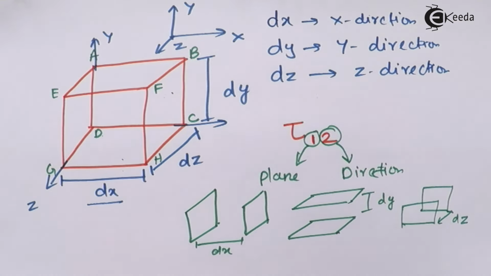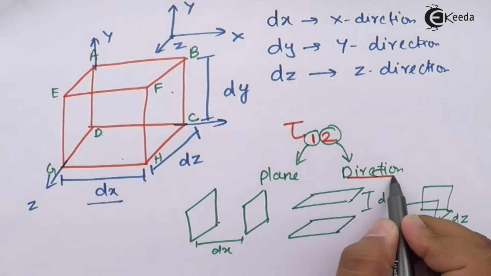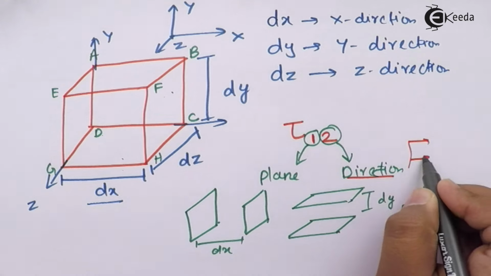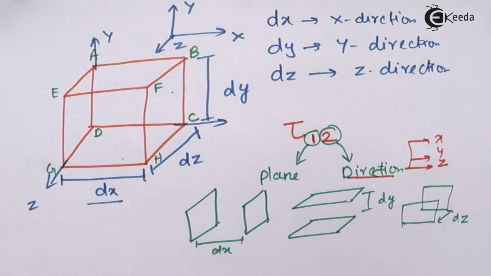Now on these three types of plane we are going to have forces acting. So if this is an x plane, we can apply the force in all three directions on that plane, that is x, y and z.